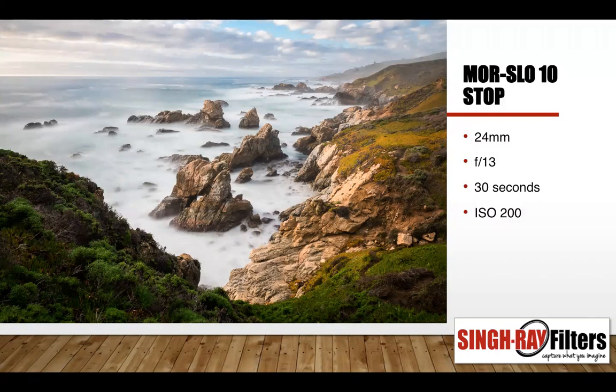So I changed the perspective. I changed my filter. I'm now using a slower 10-stop filter. You see I'm at 30 seconds, and that's the exposure I wanted. So in this case, when I dropped that filter on, I knew I had to be at f13 and ISO 200. So I've deviated a little bit from my usual starting settings, which are f16 and my base ISO, which on this camera would have been ISO 100.